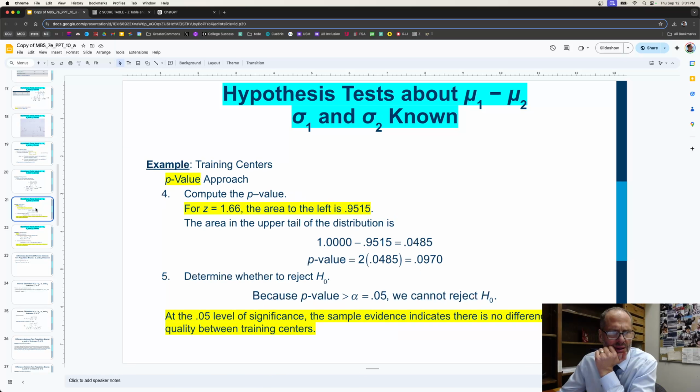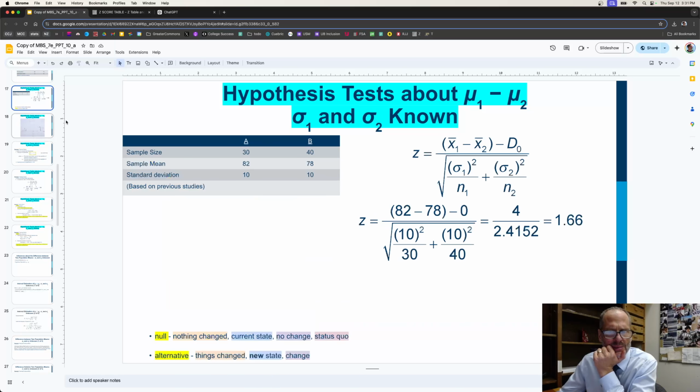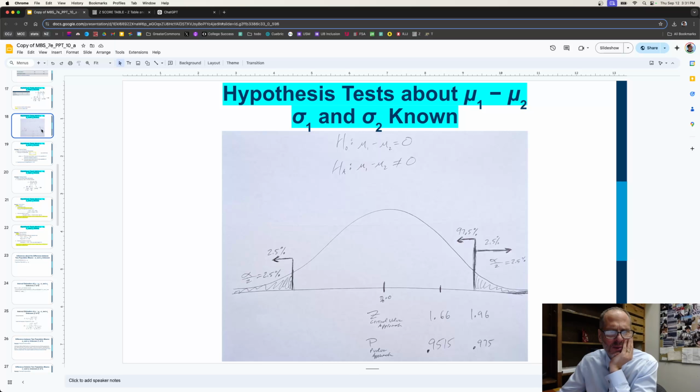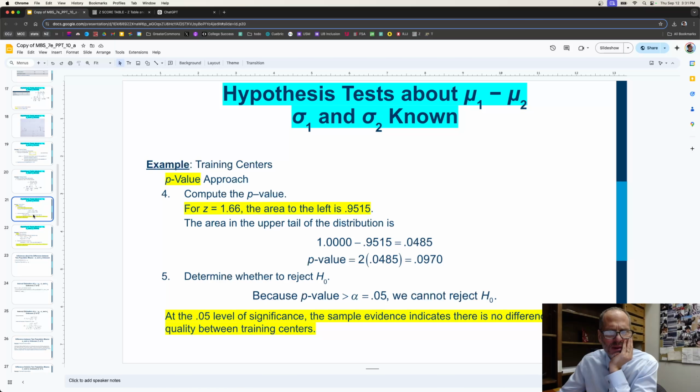Instead of working it out manually, which we should all know how to do, it just takes time, a couple of minutes, so I thought I'd save it from the video. They do their math there, and then for the p-value approach, they have a slightly different way of doing it, which doesn't make sense to my brain. But the main point is that for a z of 1.66, the area to the left is 95.15, and that's their p-value approach.